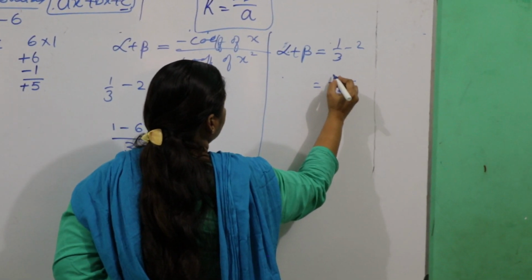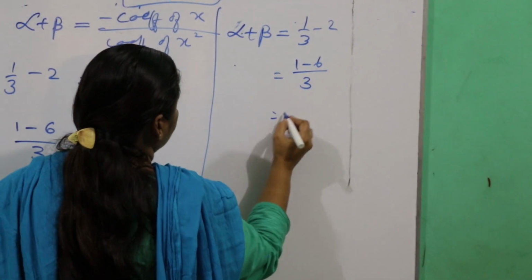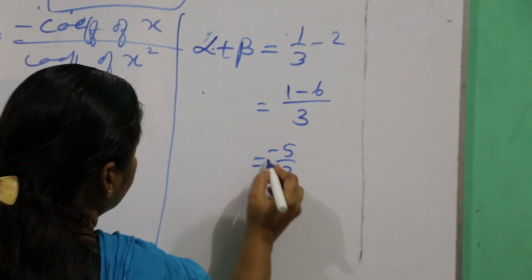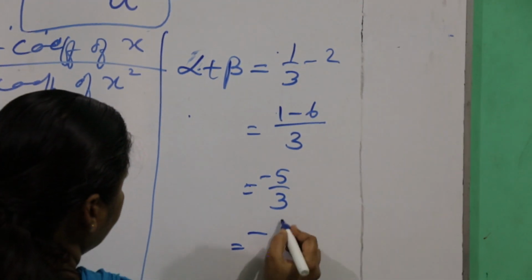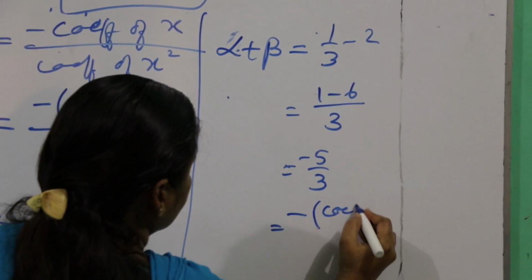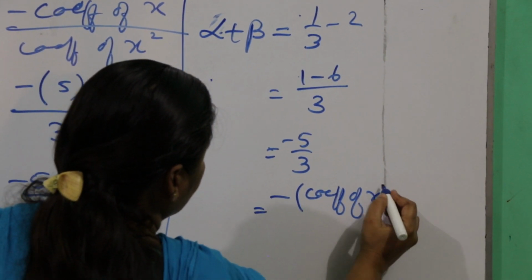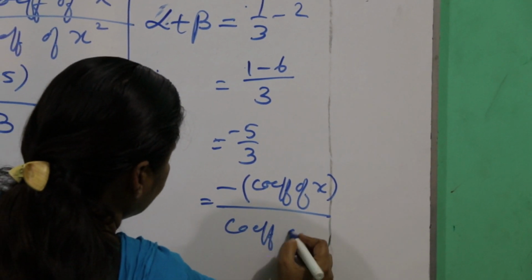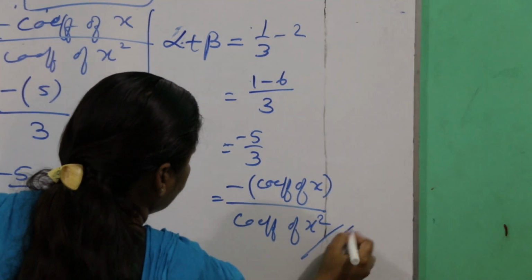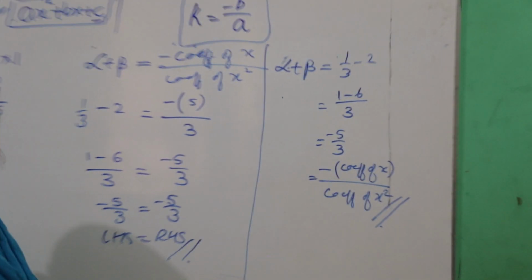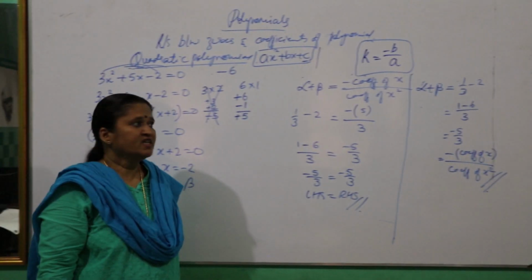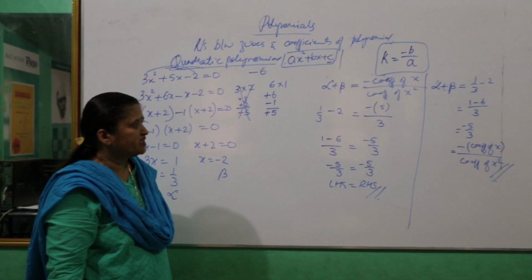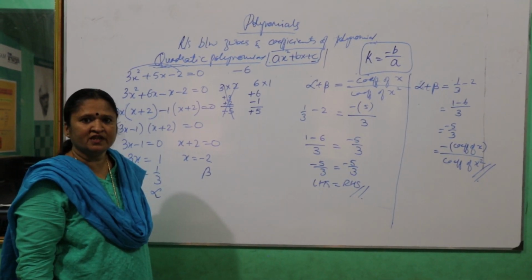We get minus 5 by 3. What is 5? Coefficient of x divided by, what is 3? Coefficient of x square. Thus verified. Yes, you can use both these methods to verify the relationship.